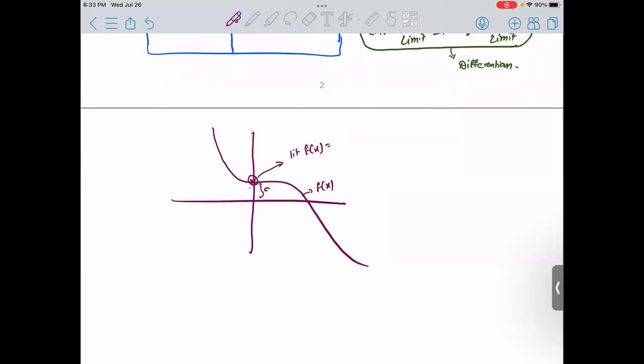Let this value be a. This is known as limit x tends to 0. We are going towards 0. Look, when x is approaching 0, what will you observe? It is going to a. Clear? Yes, sir. Clear, everyone?